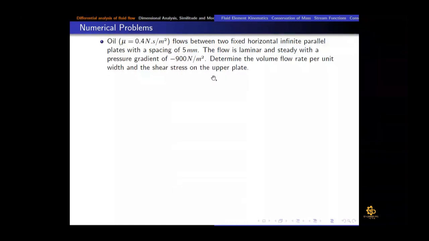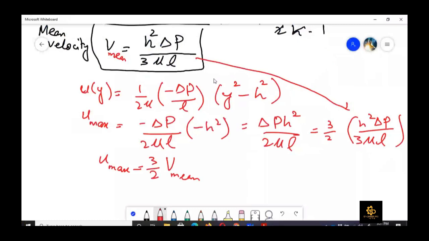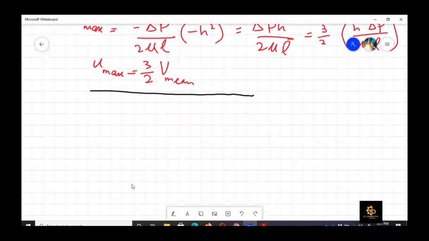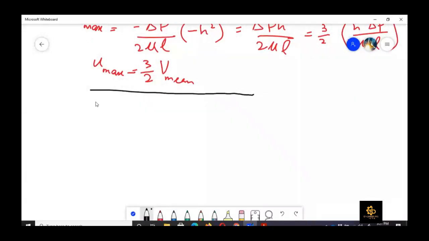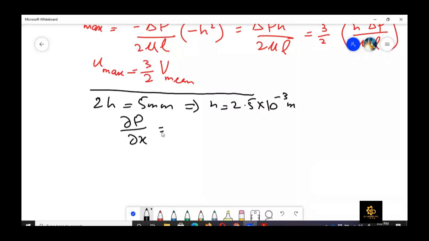So let's do this problem on the whiteboard. First of all, we have been given that the gap between those two is 5 mm. So 2h is equal to 5 mm. So we can say that h is equal to 2.5 into 10 to the power minus 3 meters. Second thing is partial p by partial x, that is given as minus 900 Pascal per meter.